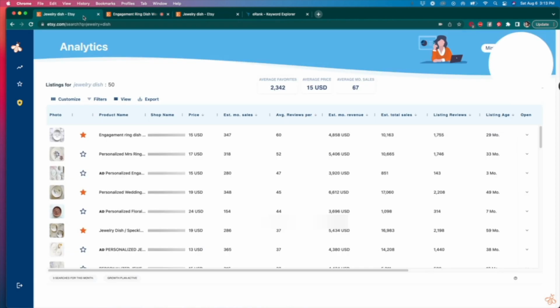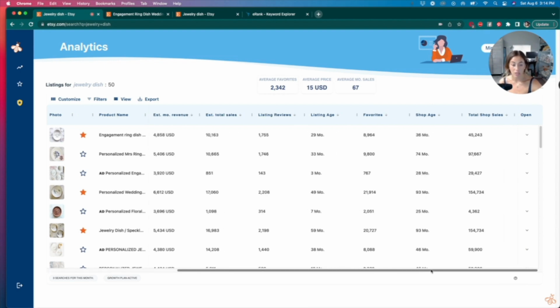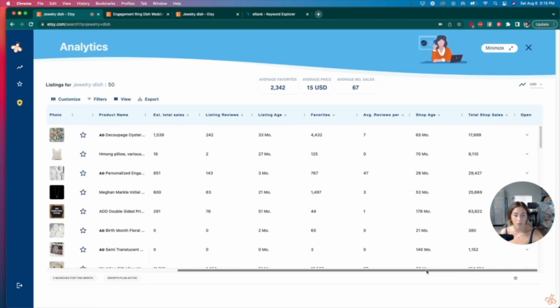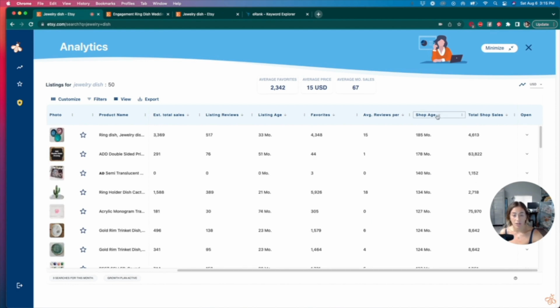Now, on the shop analysis side, so say you're just looking for some opportunities and you're not really sure on a specific product yet, but you're curious about your competitor's store as a whole. So Everbee is actually going to show this as well. When you scroll to the left here, you can see some other analytics about the total shop sales, the shop age, and let's say we want to see who's making the most sales, but is the youngest shop.